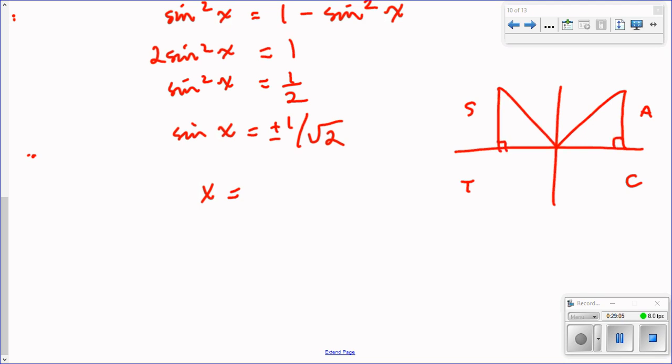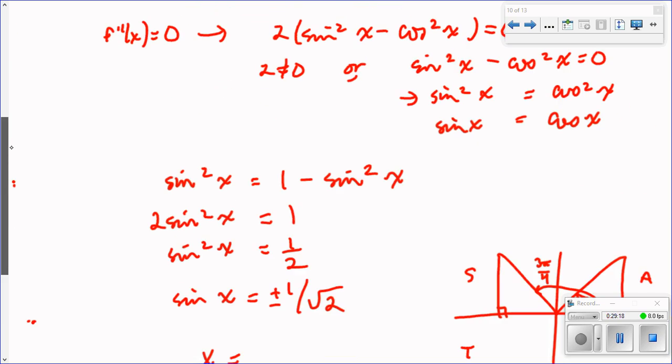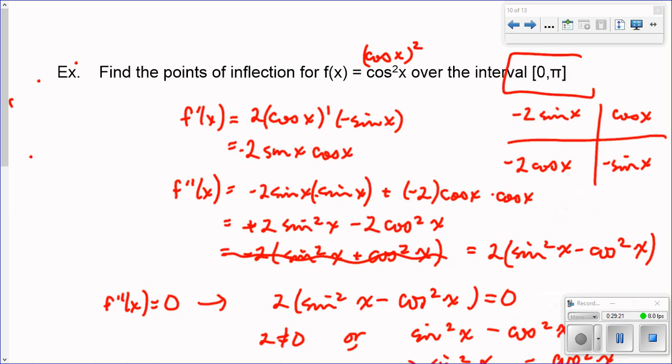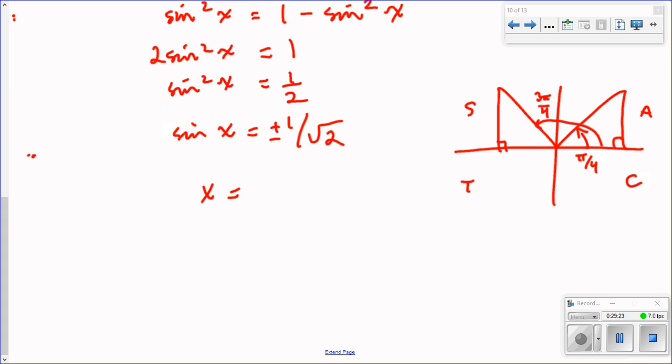Where x would be here, and then x would be here, and that to me looks like pi over 4 is the first one, and then the next one is 3 pi over 4. Remember that domain, that's why I've restricted that. So the first one is when all are positive, when sine x equals positive 1 over root 2.